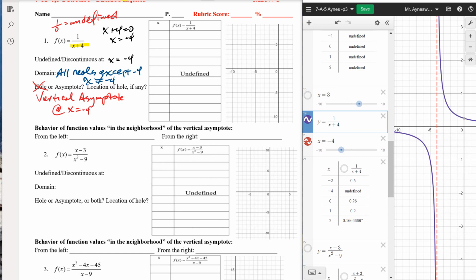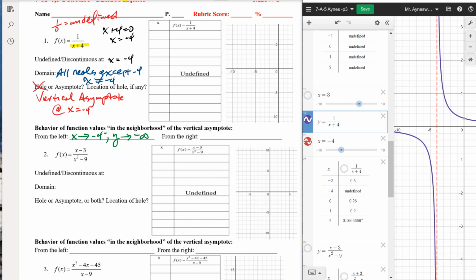Okay, and that's called the behavior of the function values. So I already know, just based upon what I just said, that as x approaches -4 from the left-hand side, y approaches -infinity because the function goes down without bound, there's no end.